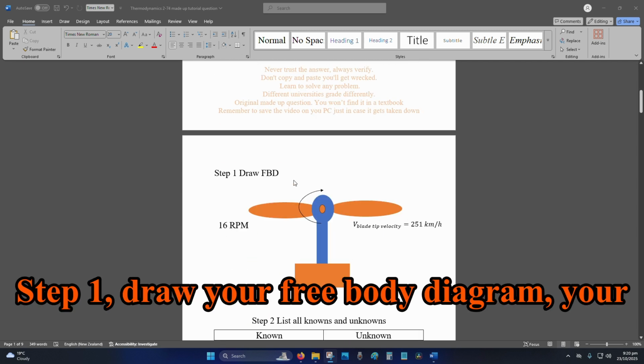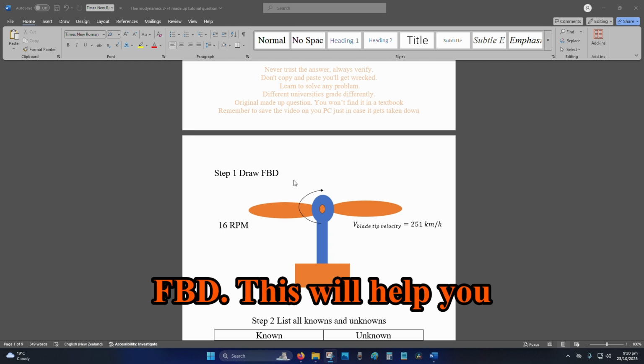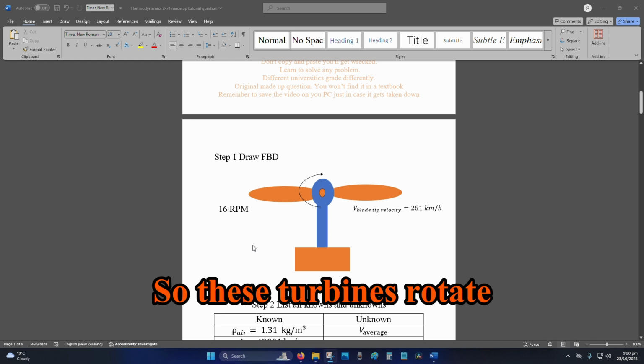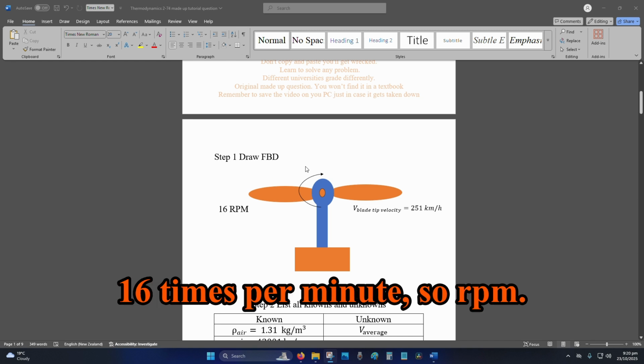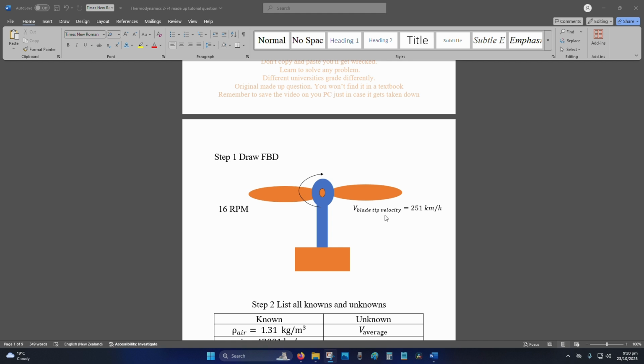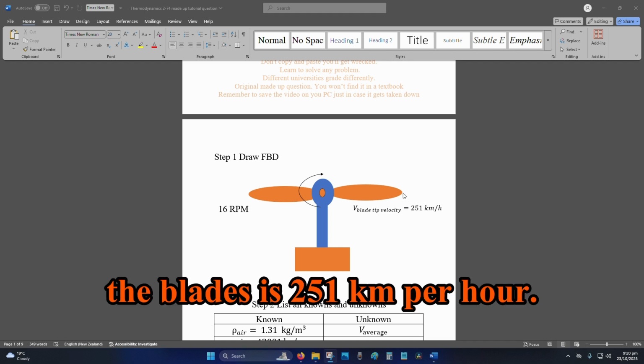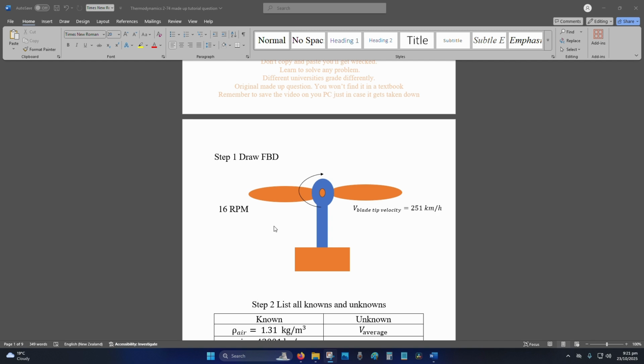Step 1. Draw your free body diagram, your FBD. This will help you visualize the problem. So these turbines rotate 16 times per minute, so RPM, and the velocity at the tip of the blades is 251 kilometers per hour.